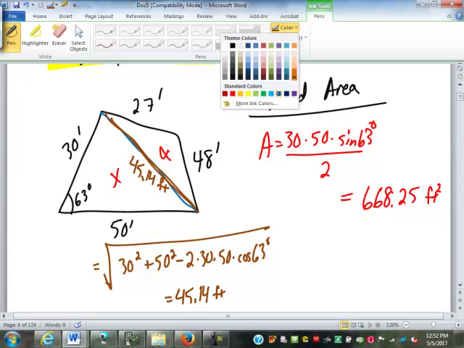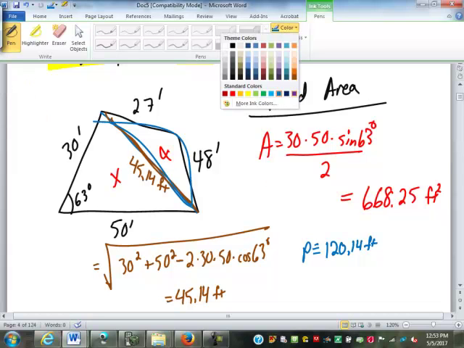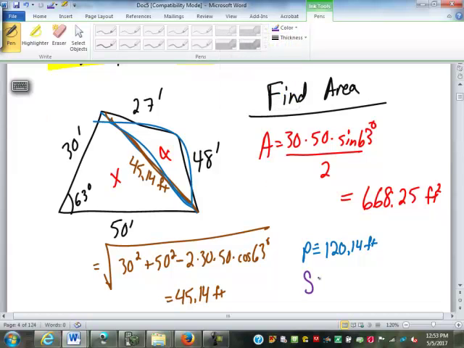Once I have that, guess what? I know my perimeter is 120.14 feet. How did I get that? Added them up. I know my semi-perimeter is 60.07 feet.